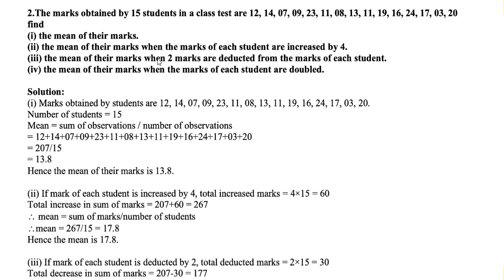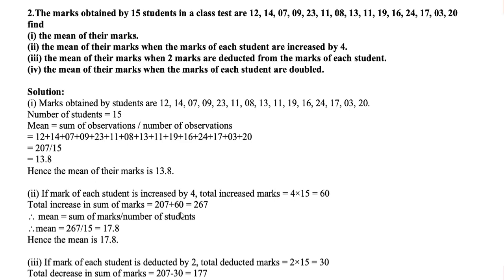The mean of their marks when the marks of each student are increased by 4. There are 15 students. So when the marks of each student are increased by 4, the total increase of the marks will be 4 into 15, that comes to 60. Our original total marks is 207, that is the addition of all marks.